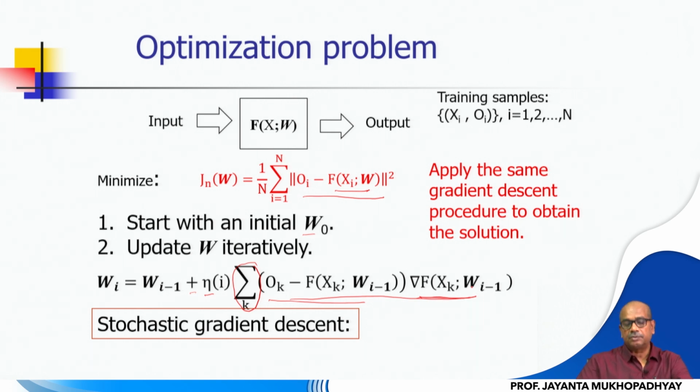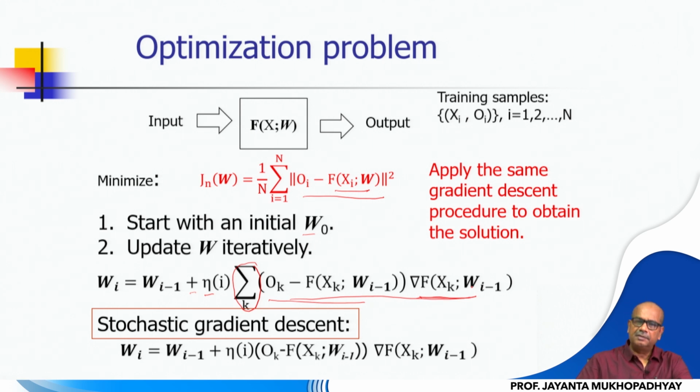Then we call it stochastic gradient descent, because we can take the input samples in various orders randomly, and your weight updation is dependent on that kind of randomness. And finally, when it converges, then you take that solution.